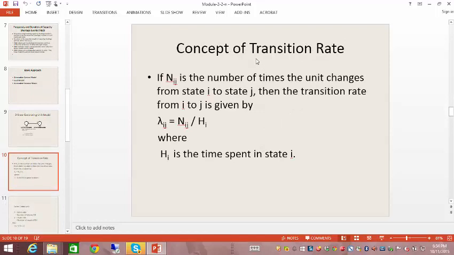So what's the transition rate? The transition rates can be explained as follows.